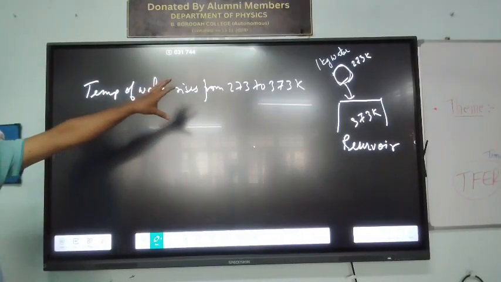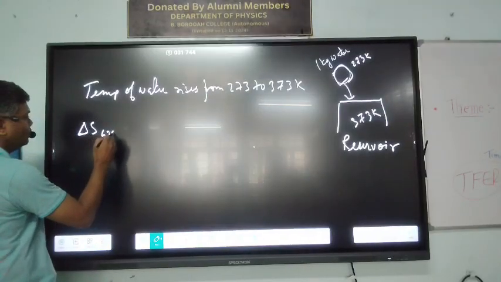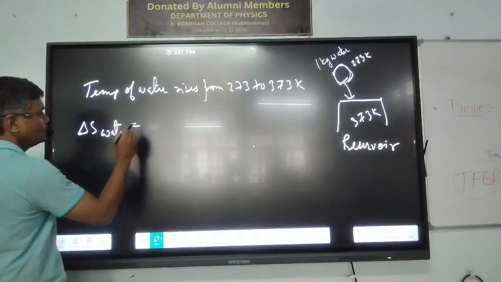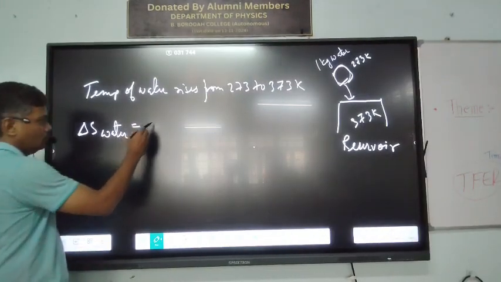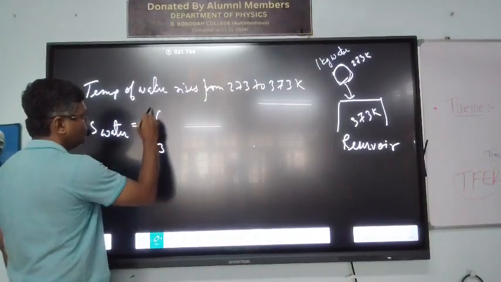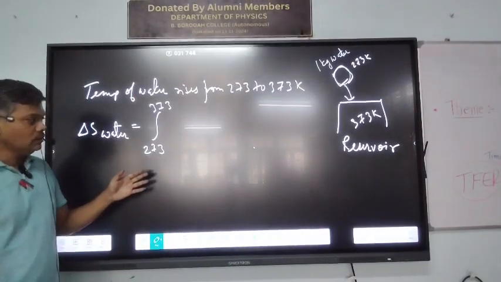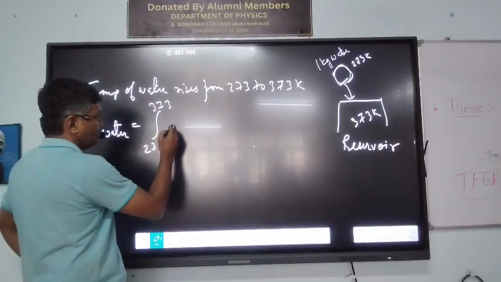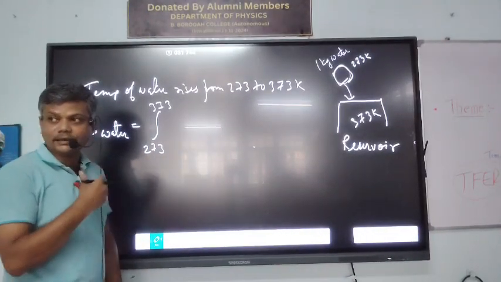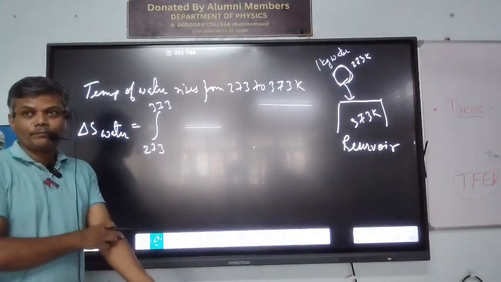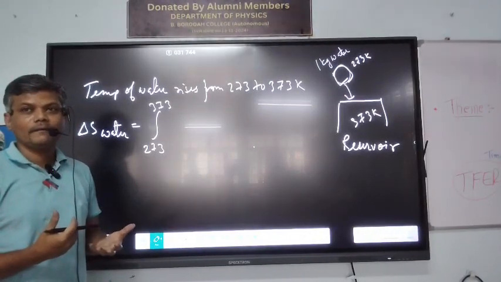So first, if I find the change in entropy of the system, the change in entropy of water, how much will it be? Integral from 273 to 373 of dq by T. So dq by T means, what is your dq? How much heat will it take?